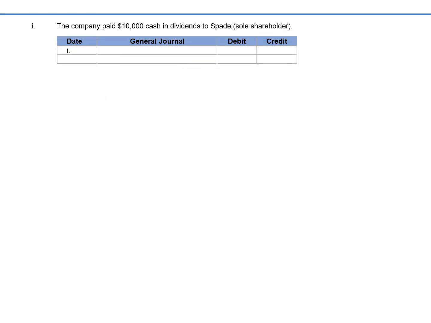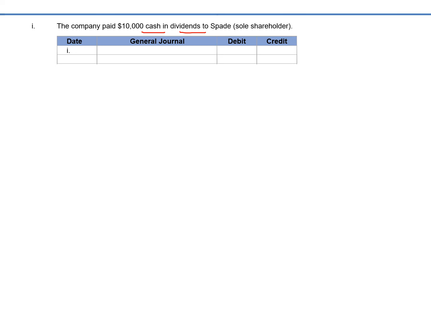Right, and then in transaction I, the company paid $10,000 cash in dividends to Spade, who's the sole shareholder. So our two accounts that are affected are cash and dividends, right? So we're paying cash out the door, so that balance needs to decrease, and cash is an asset, and we decrease assets with credits, right?